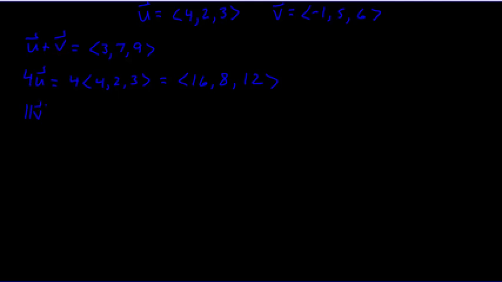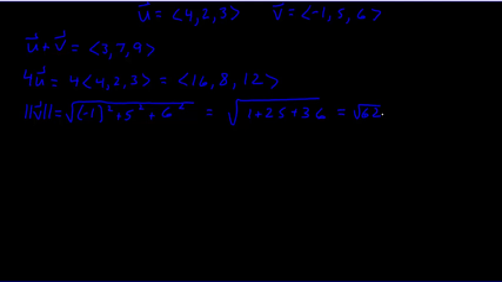Maybe the magnitude of v, and that's going to be the square root of negative 1 squared plus 5 squared plus 6 squared. So what would that be? That would be 1 plus 25 plus 36, and that would be the square root of 62. So we can get the magnitude.